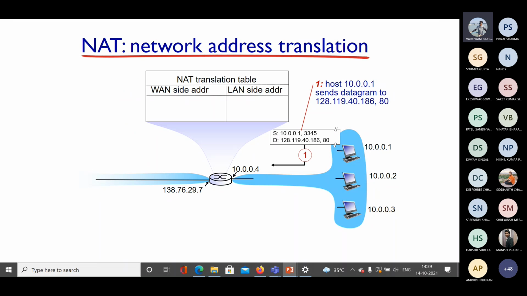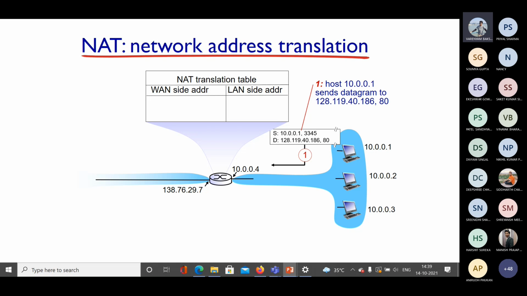I gave this example in the last class also, but I was in a hurry, so I will go through it again very quickly. Suppose this is a host local to the organization, having an IP address of 10.0.0.1.